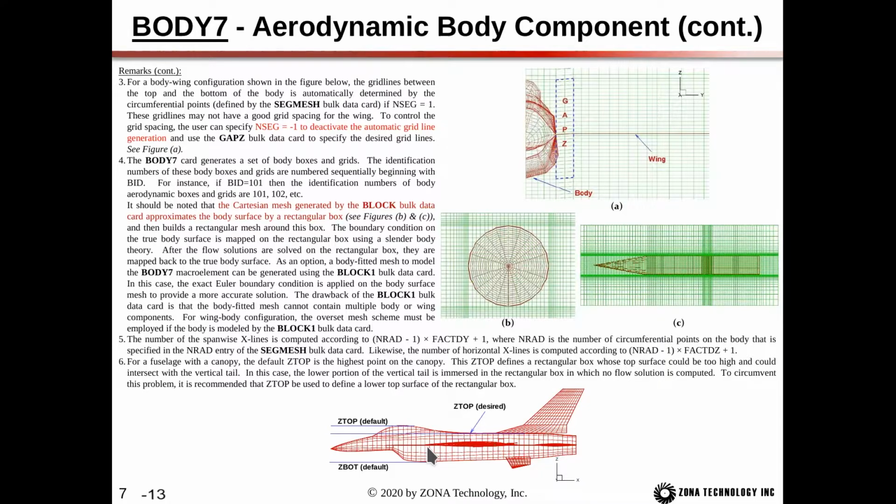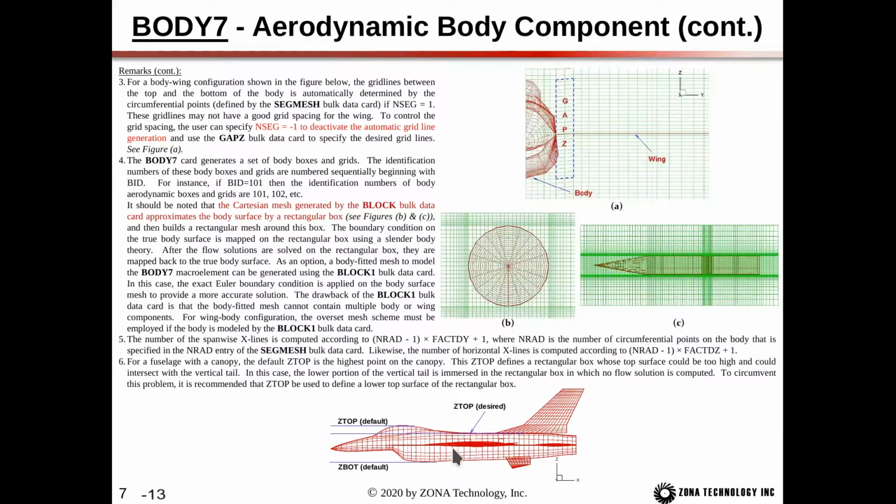There's no flow because it's inside the body box. So instead, we want the top of the body box to be at the root of the tail. In this case, we have to manually specify a Z top, which can be this line. Now our entire vertical tail is outside of the body box.